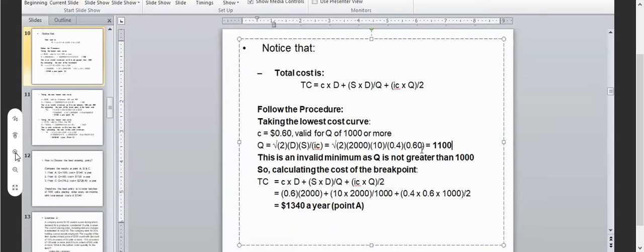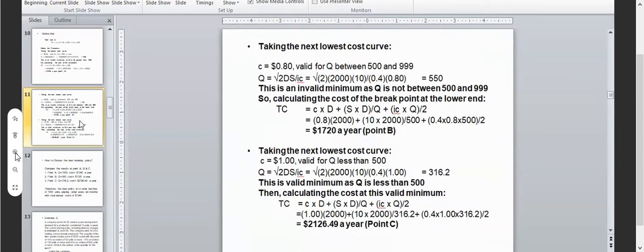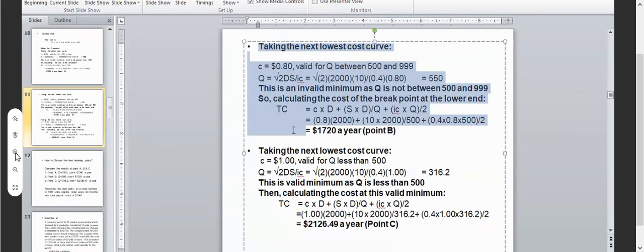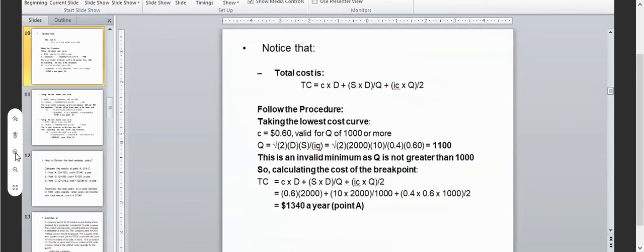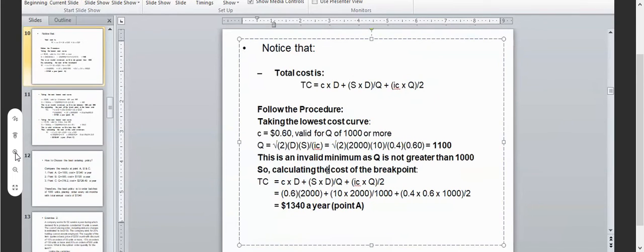Jadi, apabila langkah yang pertama kita dapati nilai kuantiti pesanan kita adalah valid, maka semua step yang kat sini tak perlu kita analyze. Kita hanya berpandukan kepada jawapan di sini saja. So, there will be no comparison of total cost.